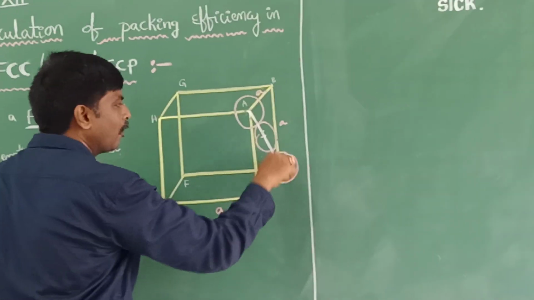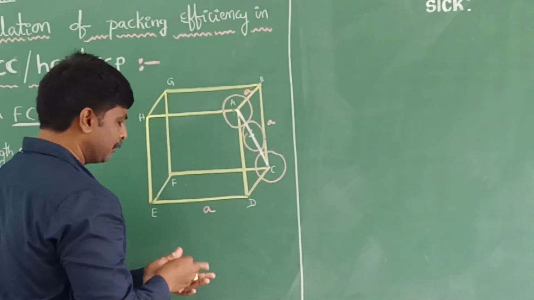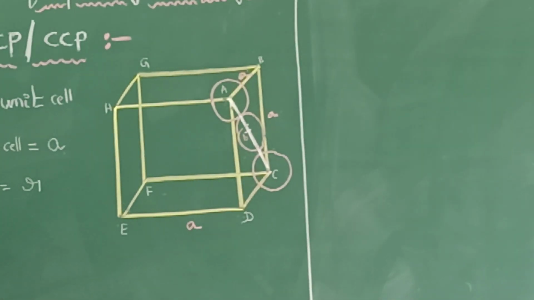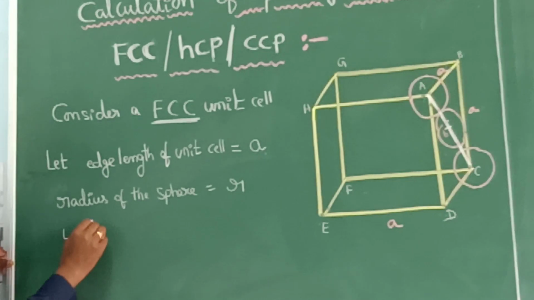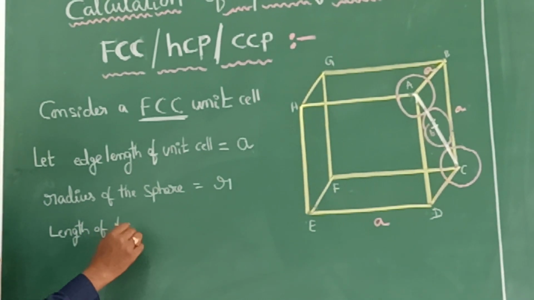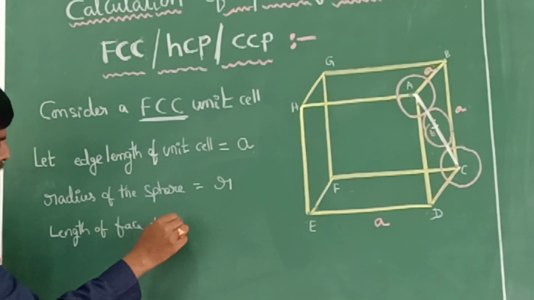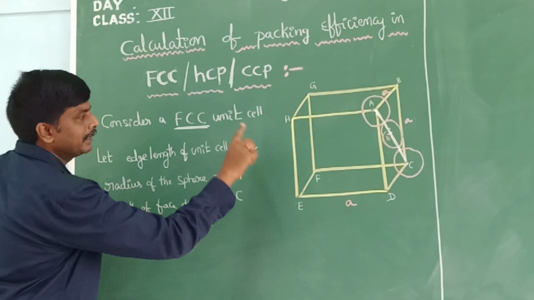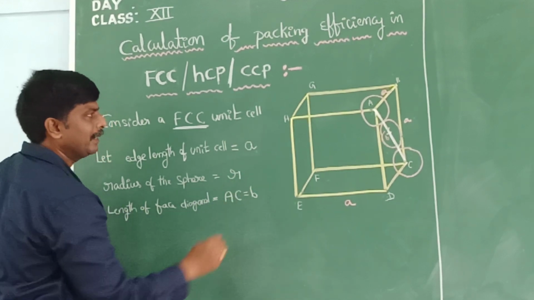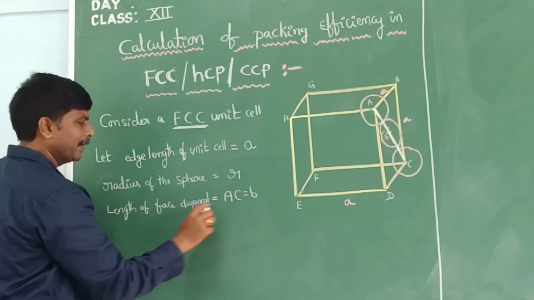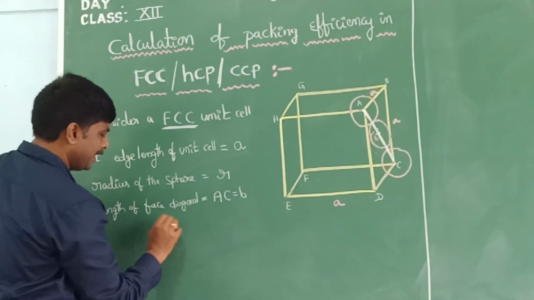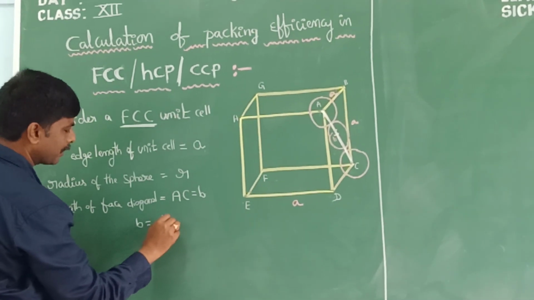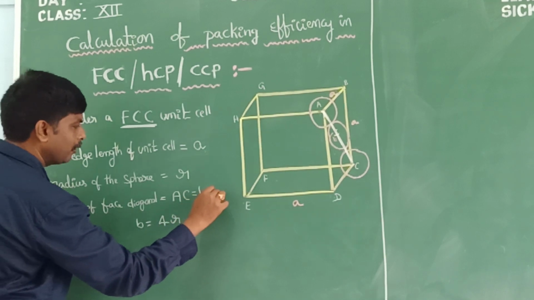So the total AC length, the length of the face diagonal, suppose I call it b. The edge length is a, the face diagonal length is b, and b is equal to 4r. AC is equal to b is equal to 4r.